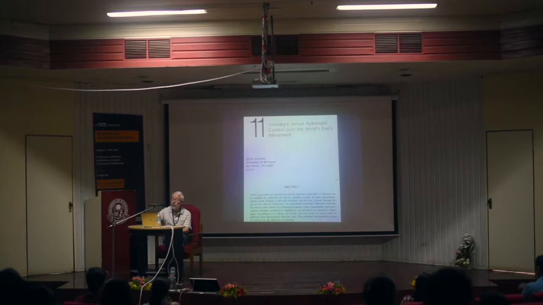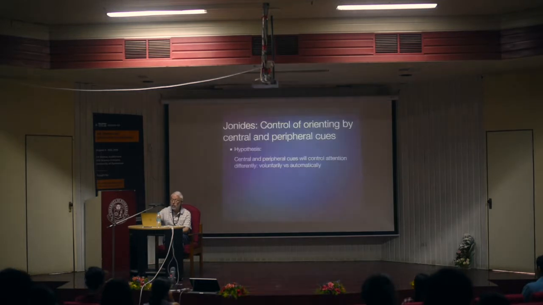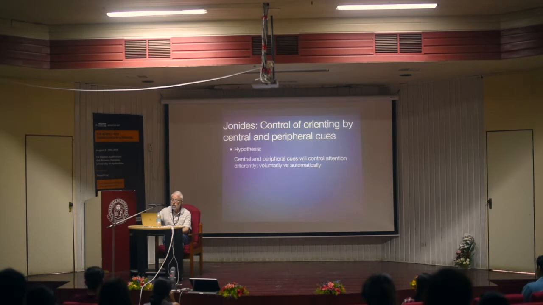Not 100% sure about that. So he refers to voluntary versus automatic control of the mind's eye's movement, using that metaphor we talked about in the last presentation. And his hypothesis was central and peripheral cues will control attention differently. And the title of his paper refers to this difference of control as voluntary versus automatic, or we might say voluntary versus reflexive.